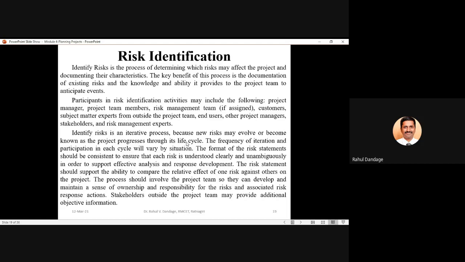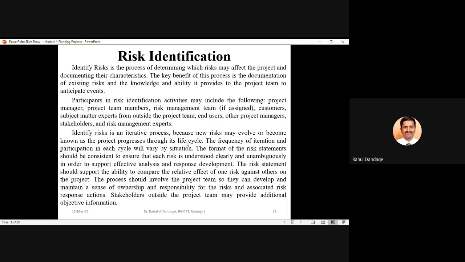The process should involve the project team so that they can develop and maintain a sense of ownership and responsibility for the project risk and associated risk response actions. So it is very essential that the risk identification process involves the project team members. If they are not involved, they will feel that somebody else has identified the risk and simply they have been given work to tackle and respond to those risks.